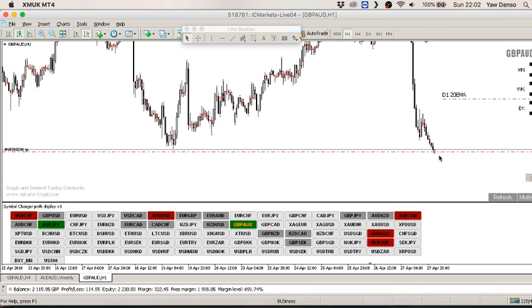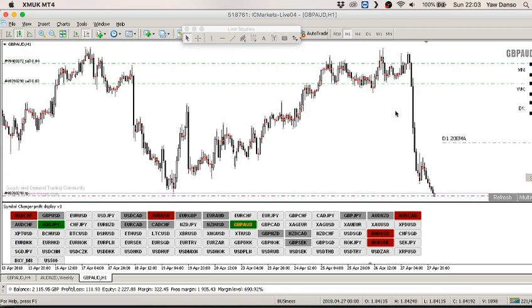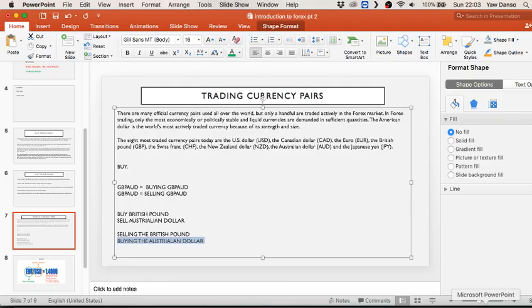Hopefully, by the time we finish, it will close, because once it hits it, it's going to close the trade automatically. So I'll just wait. But that's not what I want to show you.